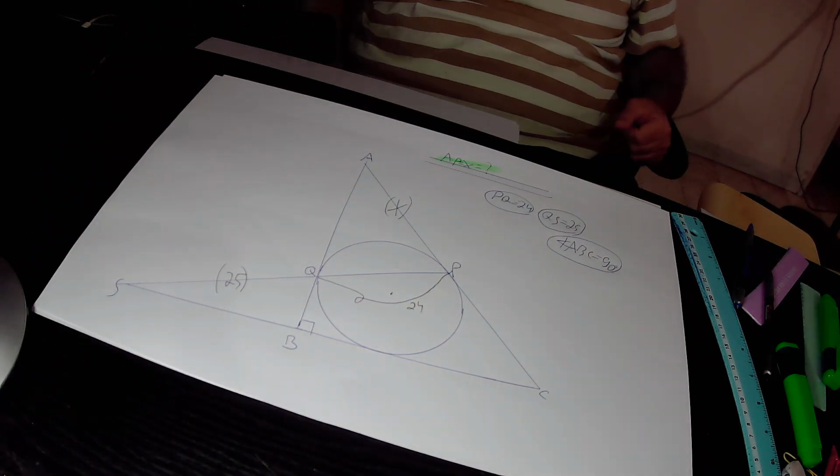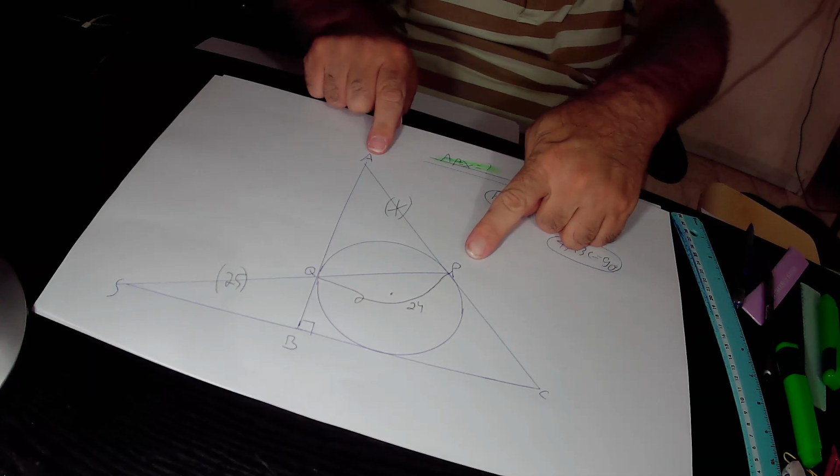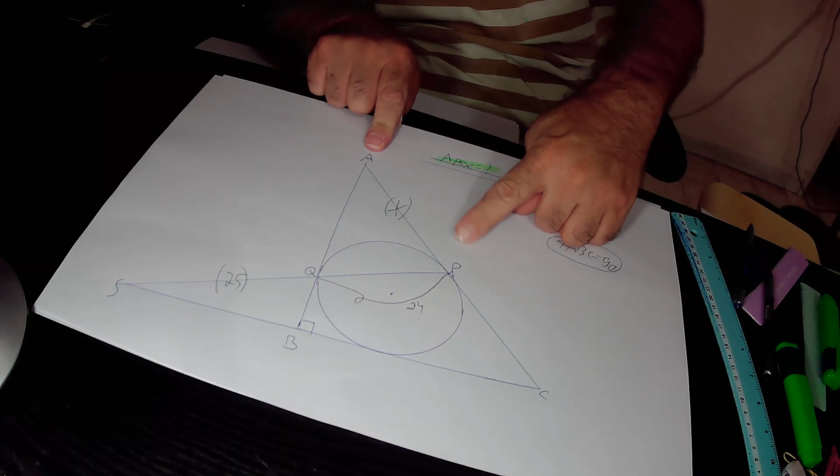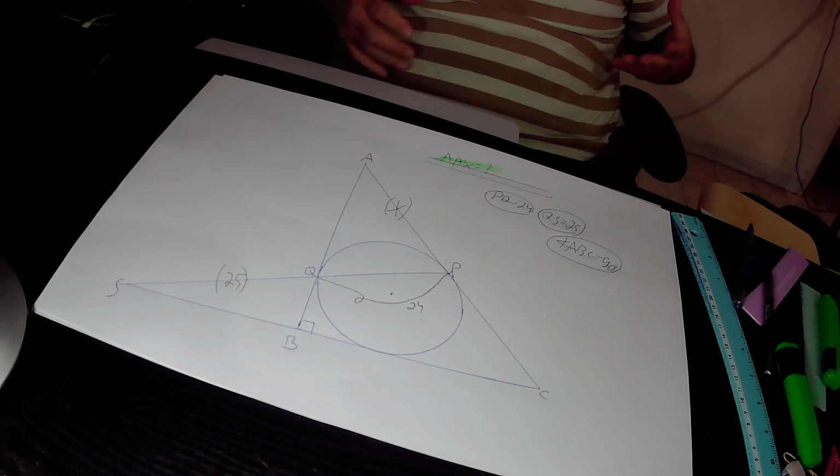Our task in this second question is to find the length of this line segment AP. This equals x. We have to find the value of x.